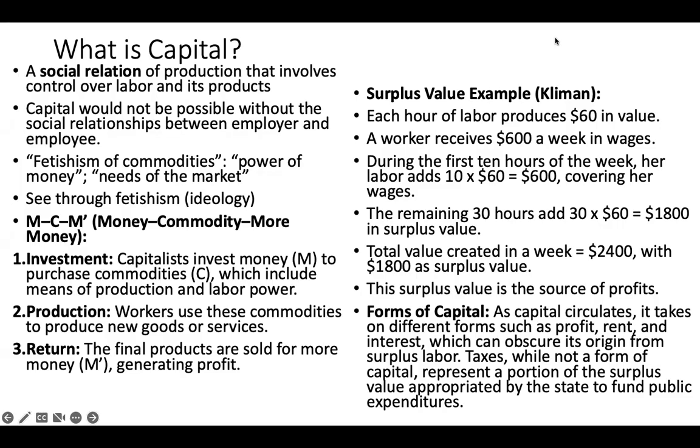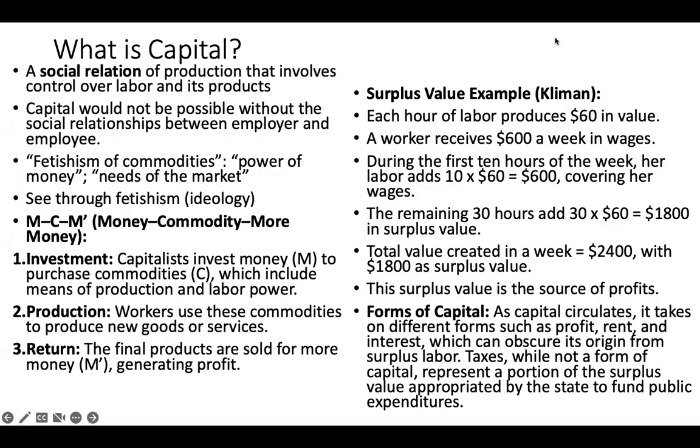You could also argue that economics, since it's one of the main examples of ideology, also assists in this process as well. Especially mainstream economics helps in concealing the true dynamics of how a capitalist system operates.